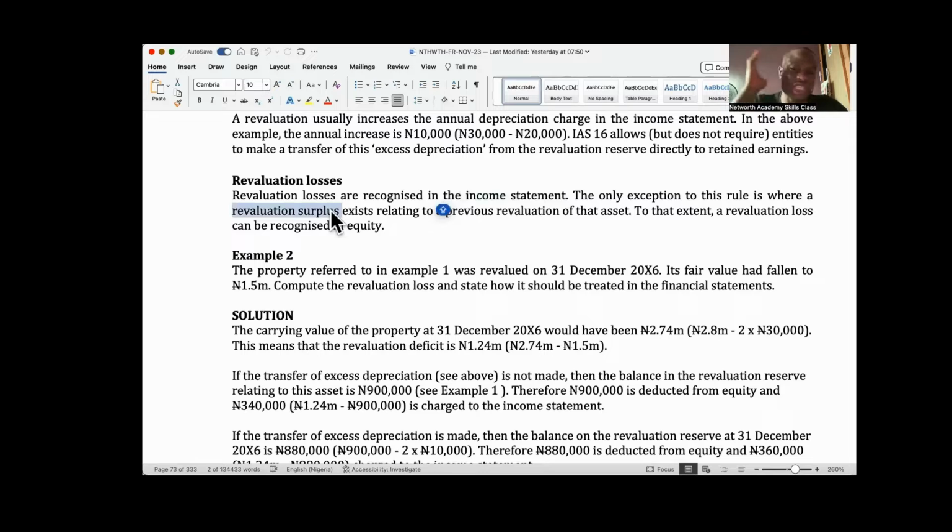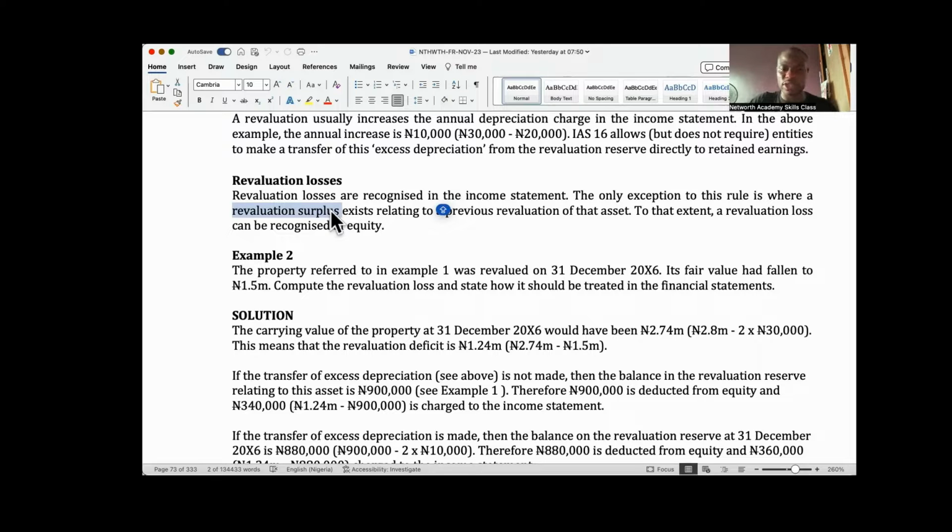If there's a previous revaluation surplus, in that instance, you will not go and recognize that loss to the income statement or P&L yet. You use it to net off against the surplus in equity. Then if there is any excess, it is that excess that can still go to the income statement.